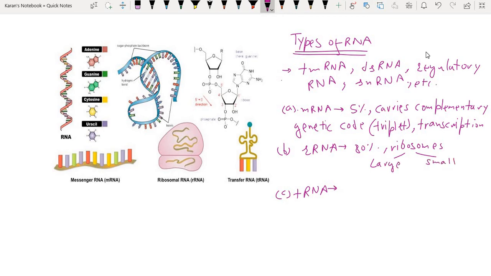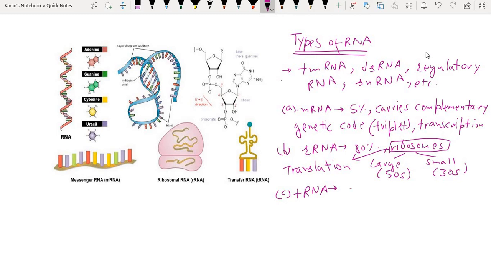Large subunit is generally 50S, which is having the larger RNA, and small subunit, which is 30S, is having the small RNA, rRNA. Since the ribosomes act as the protein factories, they help in the process of translation, in which the mRNA is being translated to the proteins.